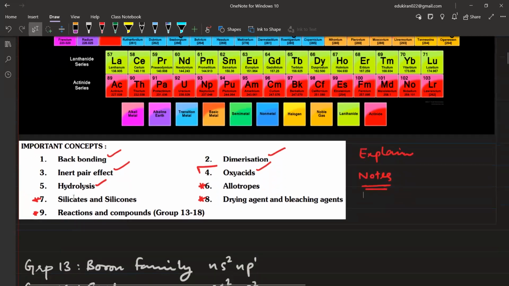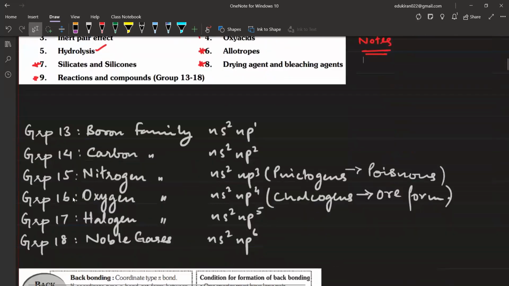Okay. Before back bonding, please first of all write this thing, that each group has a name. For example, nitrogen family is known as pnictogens, oxygen family is known as chalcogens, and these are the valence shell electronic configuration. Valence shell means last shell electronic configuration. So you have ns2 np1 in group 13 till ns2 np6 in group 18.